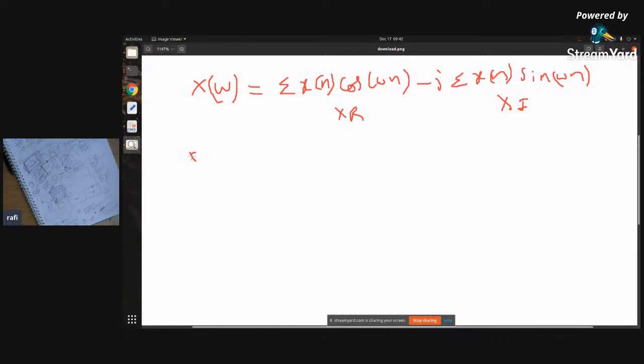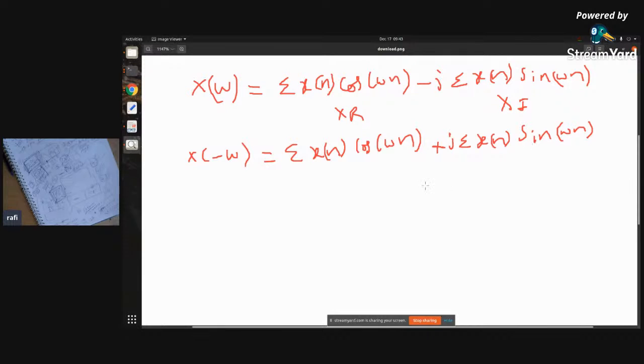So what is x of minus omega from here? The summation of x of n cos of minus omega n is cos omega n only, because cos is an even function. This will become plus the summation of x of n sin omega n.